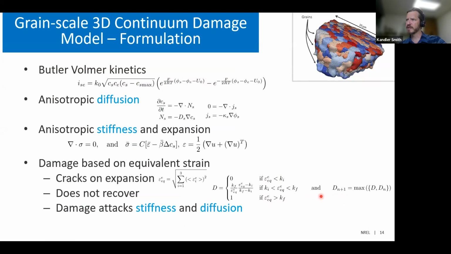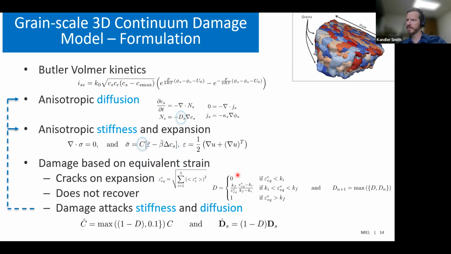This model has the kinetics and transport, diffusivity. It's got the mechanics, stiffness and expansion. And then we are using a continuous damage formulation where if you go beyond a certain equivalent strain, fracture begins, and this damage parameter goes from 0 to 1. And as it does so, we're penalizing the stiffness of the material as well as the diffusivity of the material.